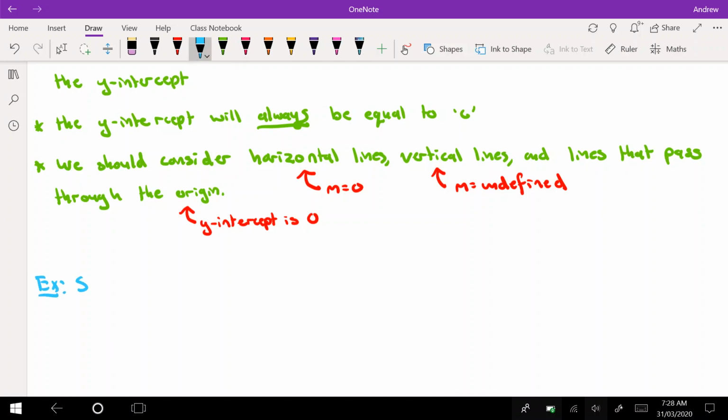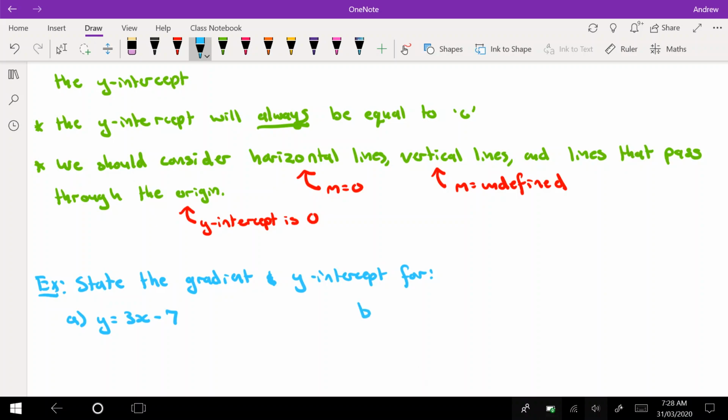So we'll start off with stating, so state the gradient and y-intercept for. Okay, so my first line will be y equals 3x take 7.